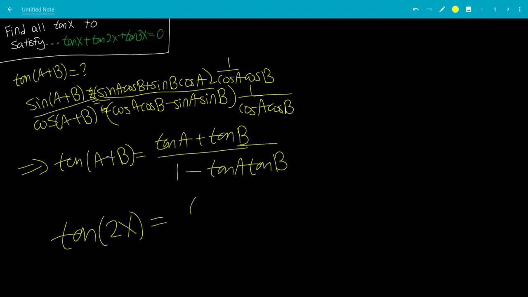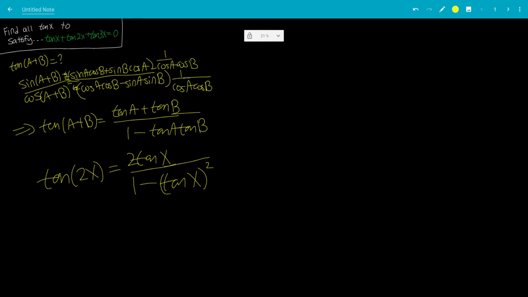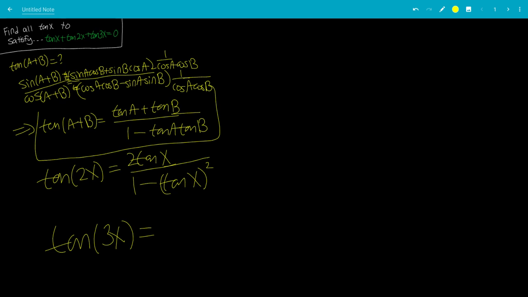Okay, so now let's see what tangent of 2x equals. That would be tangent x plus tangent x, which is 2 tangent x over 1 minus tangent squared x. Okay, good. So next we have tangent 3x. The input will be x plus 2x, so we plug that into this tangent of a plus b formula.